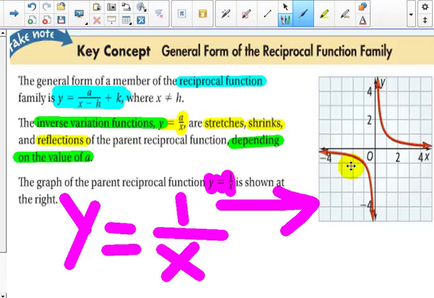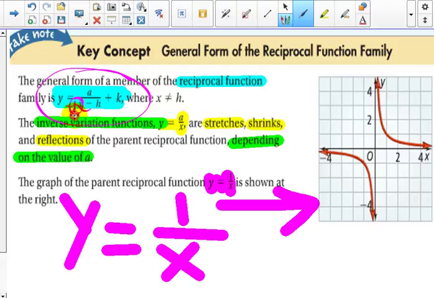So here's the parent function graphed. And we're going to talk about the equation that includes them all. So the general form of a member of the reciprocal function family is y equals, here it is, a over x minus h plus k, where x cannot equal h, because if x was equal to h, then you would have h minus h, or a 0 down there.